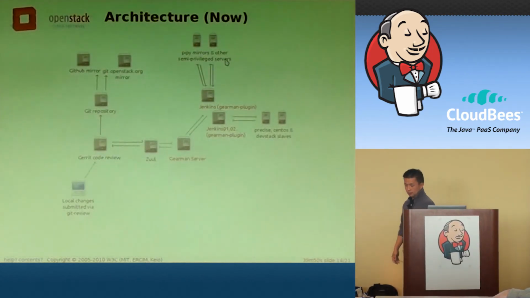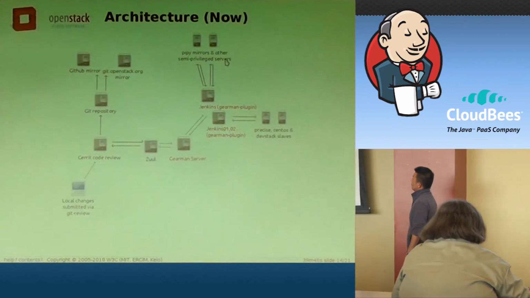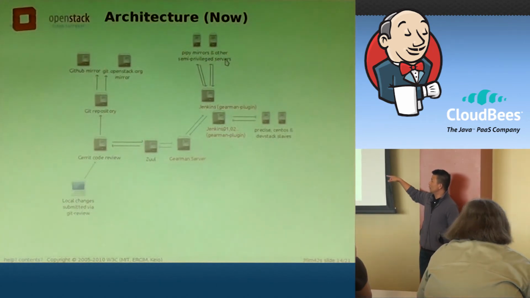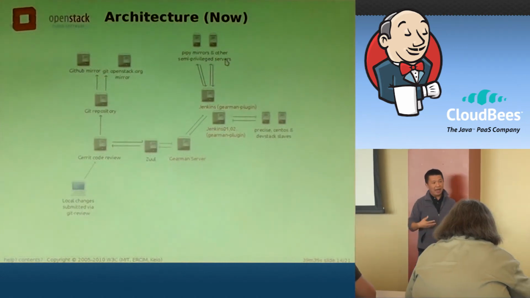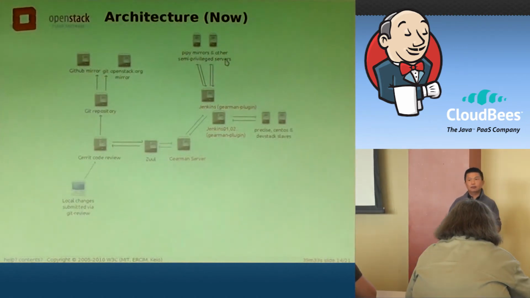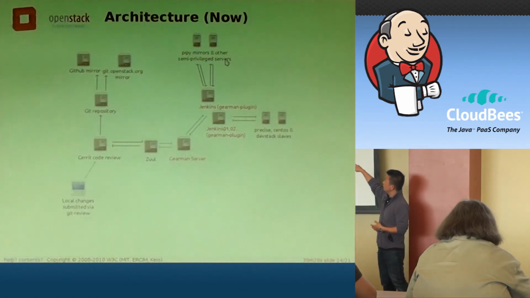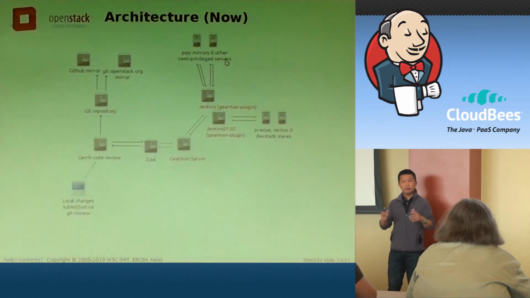So now, this is what we have. We added this Gearman Server between Zuul and Jenkins. And now we have 3 Jenkins masters in our system. I think Jenkins 1 has some slaves that are static, so those never get destroyed.